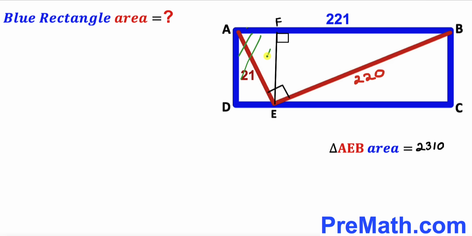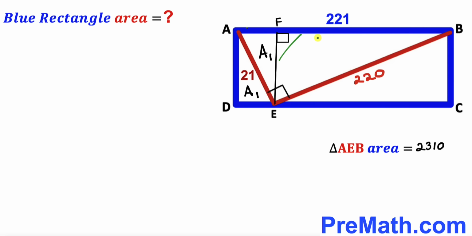Focusing on the tiny rectangle AFED, its diagonal is AE. So the areas of the two halves are equal: if the area of this triangle is A sub 1, then the area of the other triangle is A sub 1 as well.